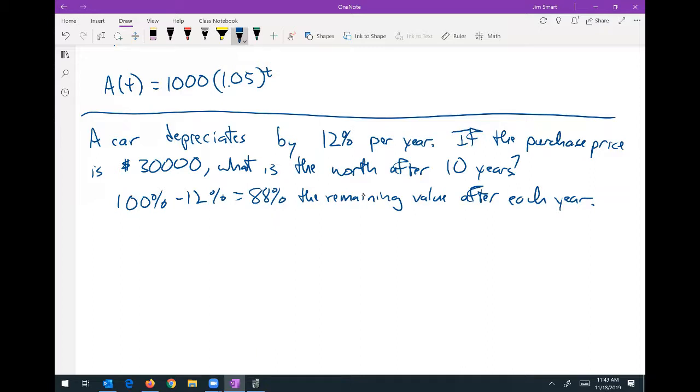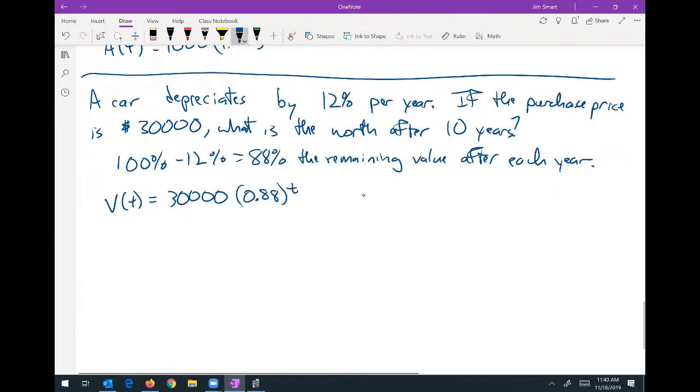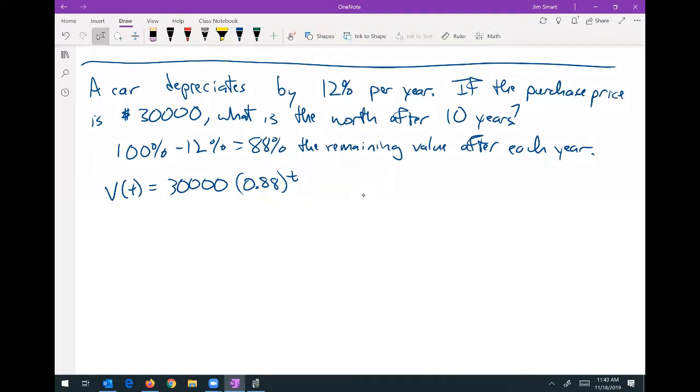The value of the car, I'll say V for value after t years, is given by the initial value, 30,000, times 0.88 raised to the t. And our question is the value after 10 years, so V of 10 is 30,000 times 0.88 to the 10th power.